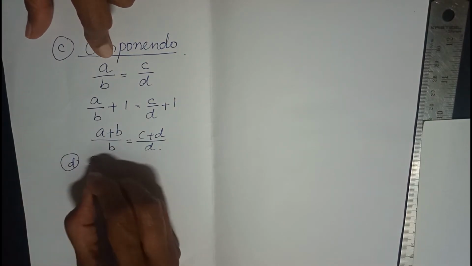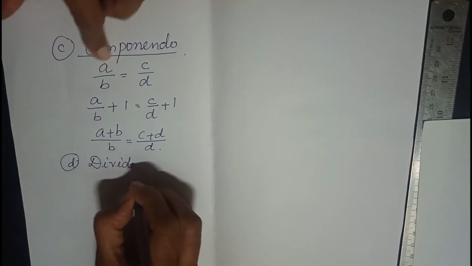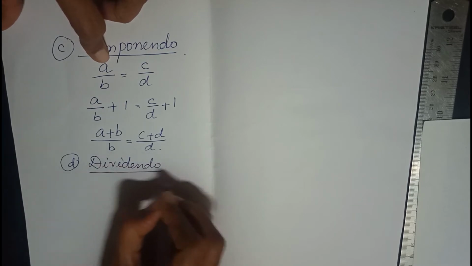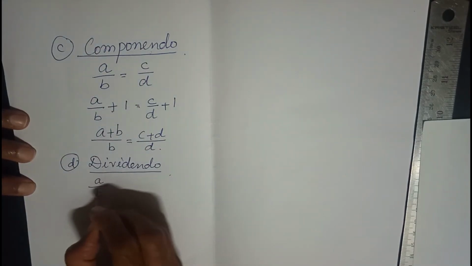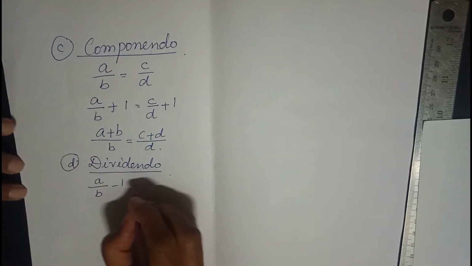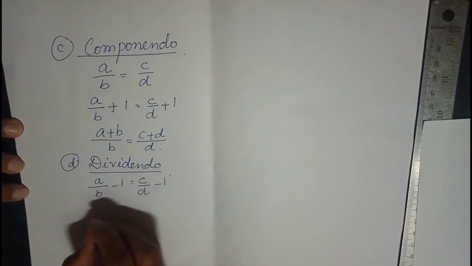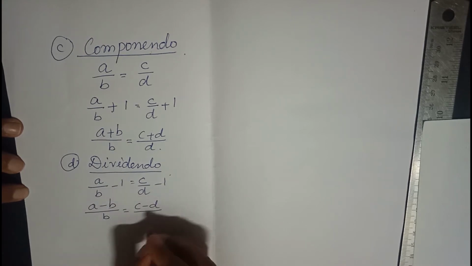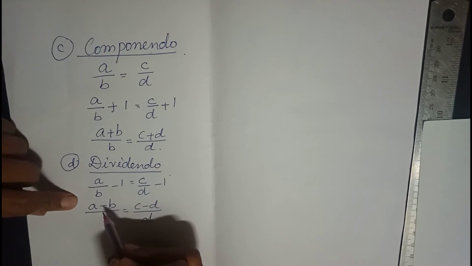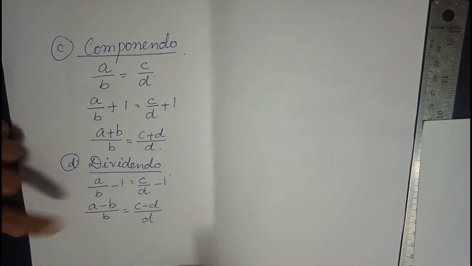Next we go is dividendo. In dividendo, here in componendo we added 1, in dividendo we will subtract 1. So it's nothing but A minus B upon B, C minus D upon D. Or in other words, subtracting the denominator from the numerator.